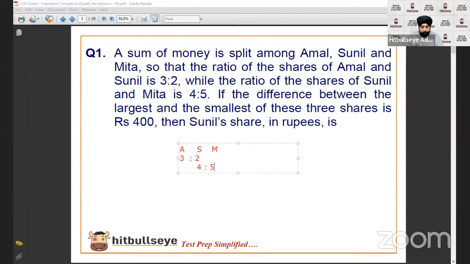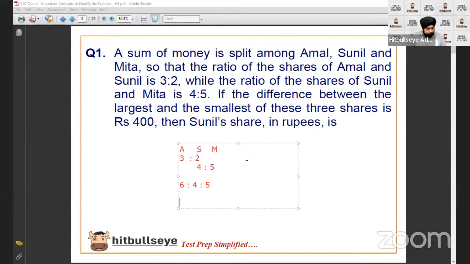So we found that the LCM of 2 and 4 happens to be 4 only. So if we try to combine the ratio by taking S to be 4, now 4 is 2 times 2. So the share of A will become 6. Share of S will become 4. And when S is 4, M is already given to be 5. So we take M as equal to 5. So people, 6:4:5 becomes their ratio.